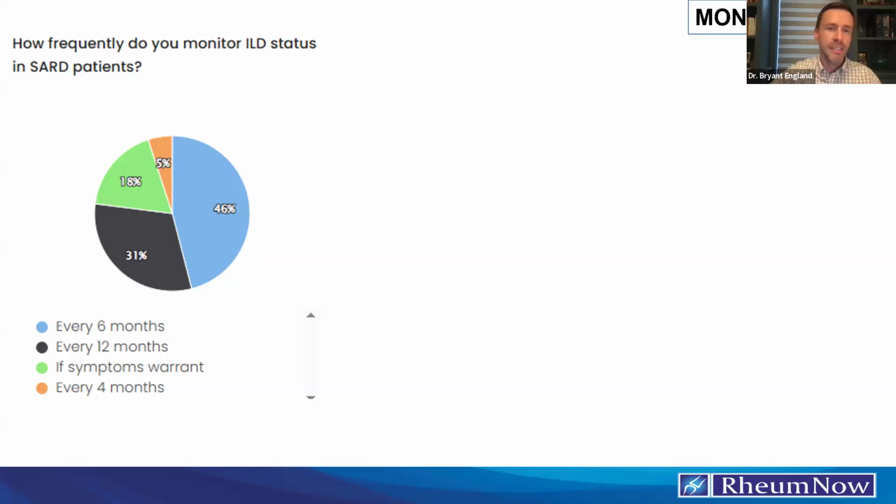And then we use the CT in those situations where we really need additional information. Whether the PFT is not conclusive or there's discrepancy between symptoms and PFT findings, and you need that tiebreaker of the CT, or if you think the phenotype on the CT may change to where the direction that you're pushing immunosuppression or antifibrotic is going to differ based on what you're seeing, that's triggering us to get the CT.